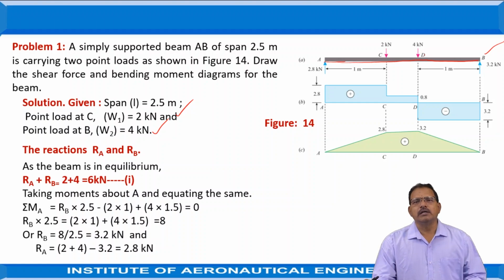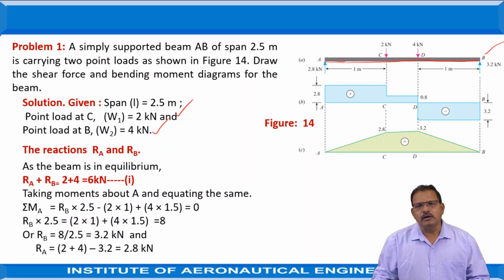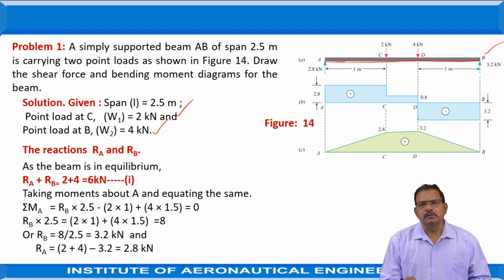Since there are no horizontal forces acting on it, hence 2 equations are applicable. One is the sum of the vertical forces which are acting on the beam should be equal to 0. And the second equation is the moment created by these forces at any point on the beam should be equal to 0. Based on the 2 equations, the first assumption is the sum of the vertical forces acting on the beam should be equal to 0.